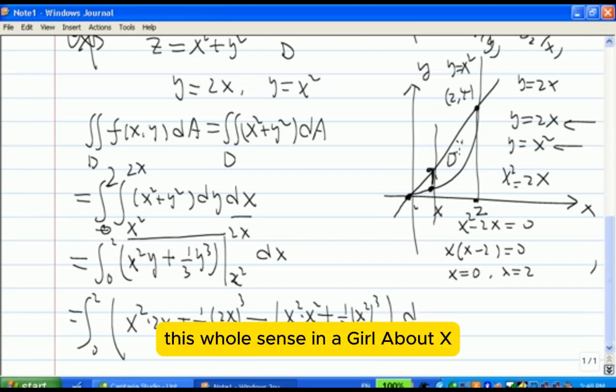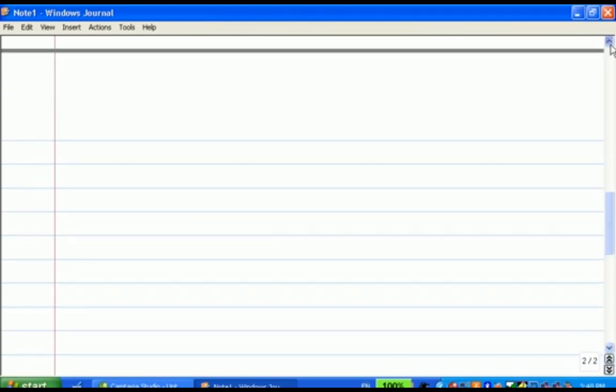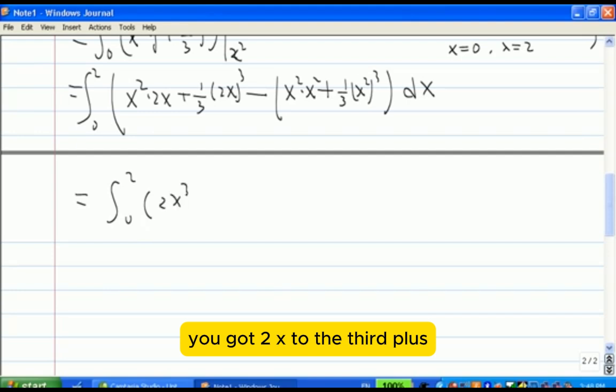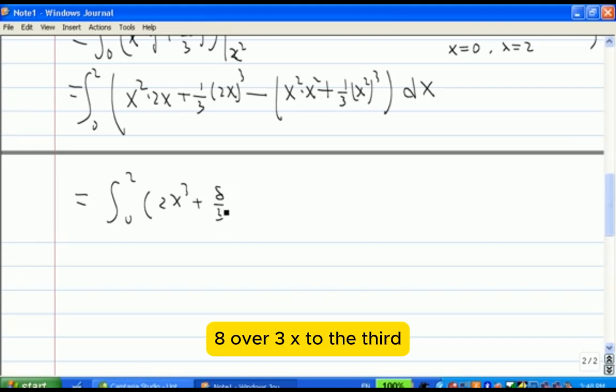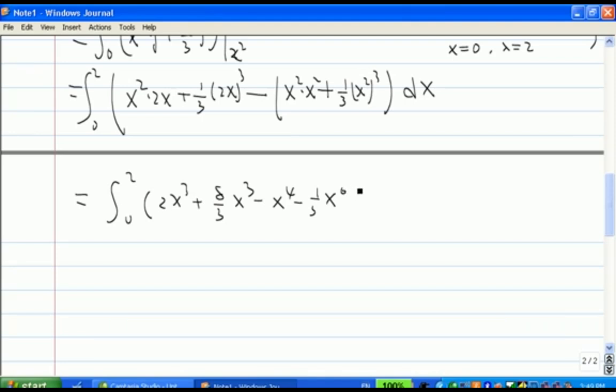Okay. This whole thing's integral is about x. You simplify that, you get 2x to the third plus 8 over 3 x to the third, minus x to the fourth, minus 1/3 x to the sixth, dx.